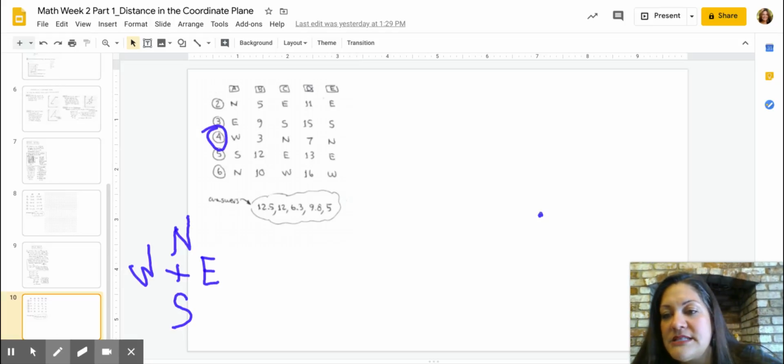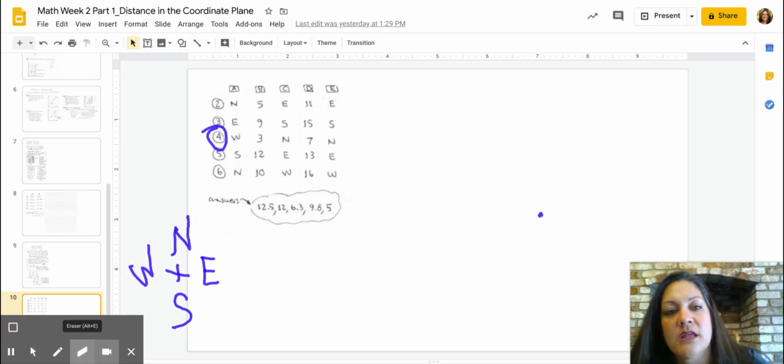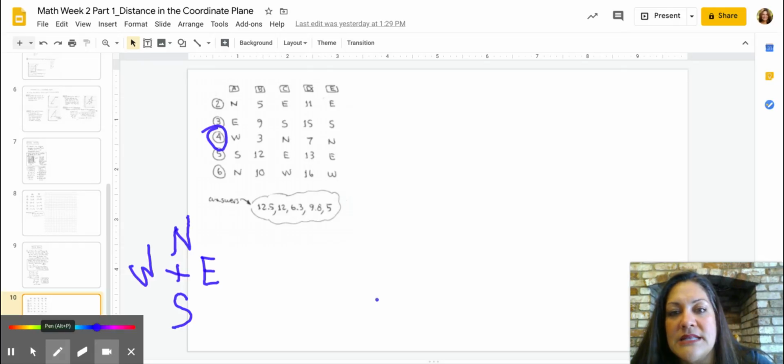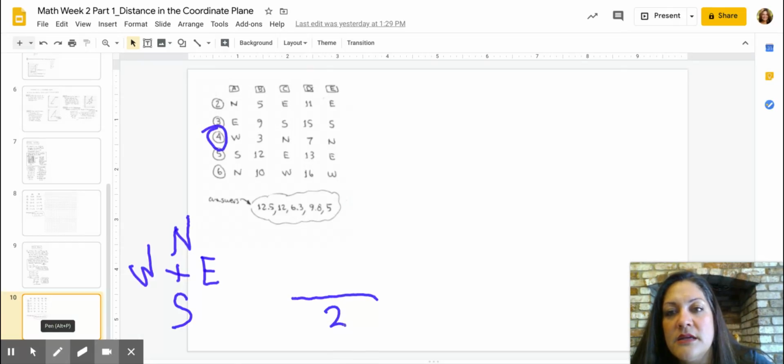Oh, I need to give myself some more room. In fact, I'll do it down here. We're going to go west for 3, and then north, so that's north, west, north, and then it ends up being 7 miles away from the start.